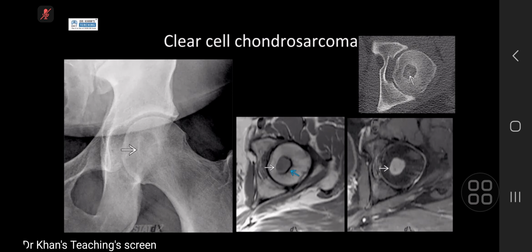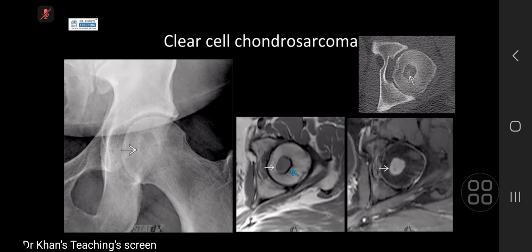And this is just to show you an example of what that would look like. On the plain film, you can see a fairly similar lesion. This is an AP radiograph, and this patient is 35. You can see that well-defined lytic lesion with the sclerotic margins, just as we did in the case before. Actually this lesion was picked up incidentally.